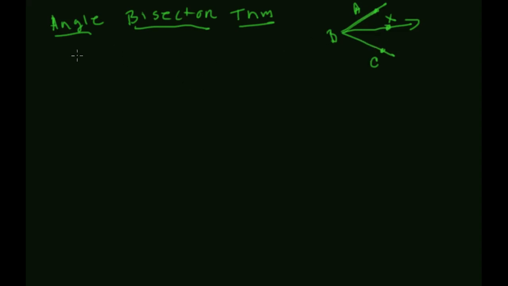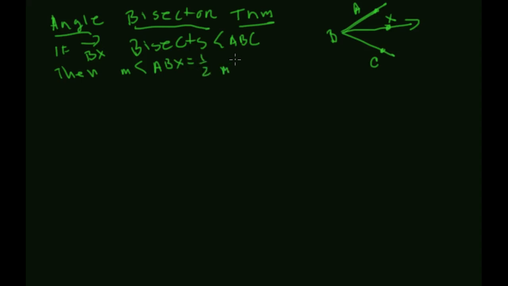So that's what the theorem says, that in this case, if ray BX bisects angle ABC, then the measure of angle ABX is 1/2 the measure of angle ABC, and so too the measure of angle XBC is also 1/2 the measure of angle ABC.